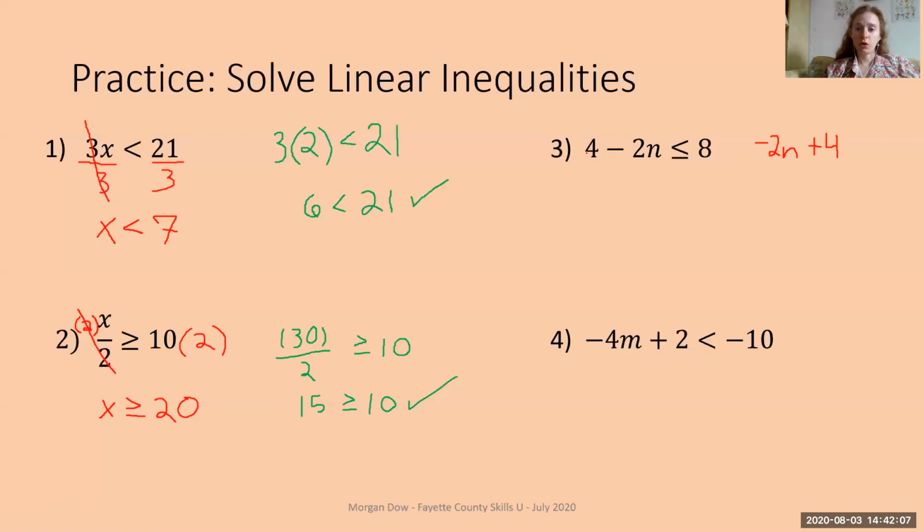In front of this 4, there's nothing, which implies that it's positive or plus. In front of this 2 is a minus, which implies minus or negative. So I can rewrite it in this way. When I do that, it makes it a little bit clearer why we're going to choose to subtract as our first step.